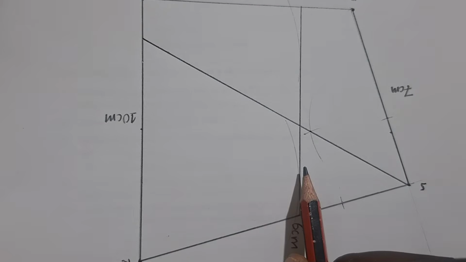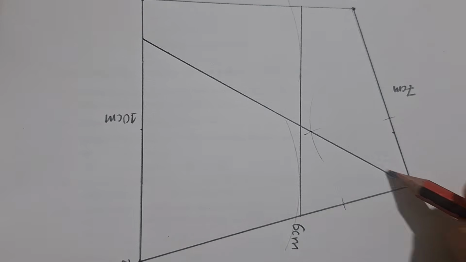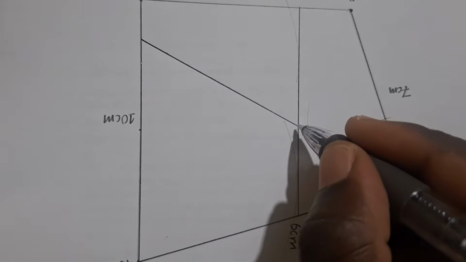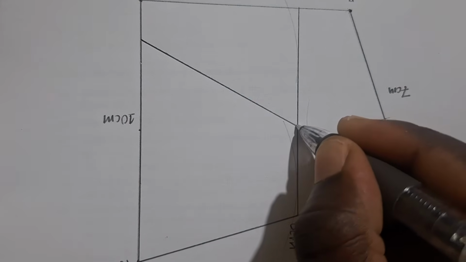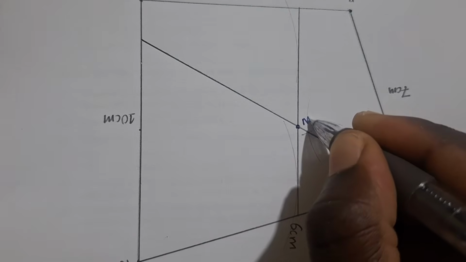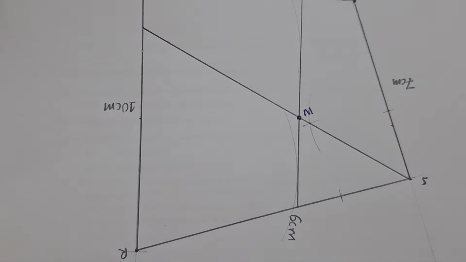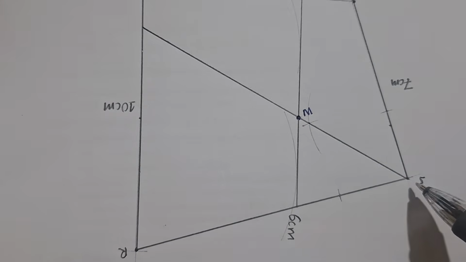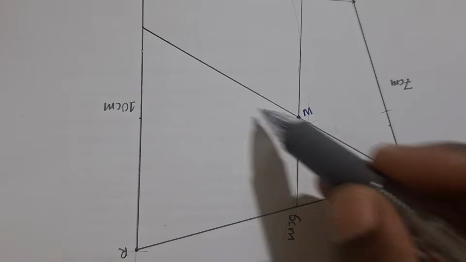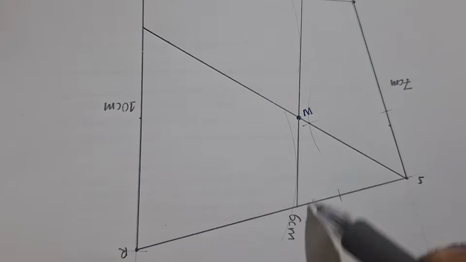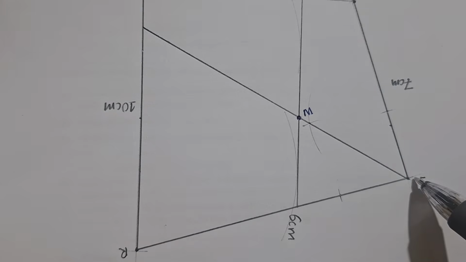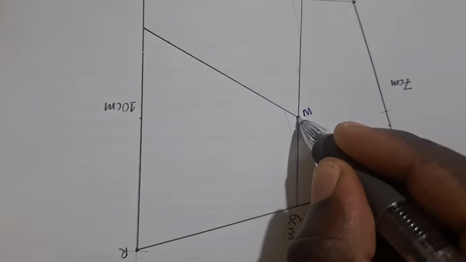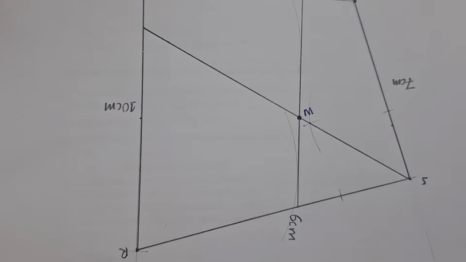From here to here, 6 centimeters, and the equidistant is this. So according to the way the question has been asked, they are just looking for this point, the intersection. So this is where you label your M. It's this one. Because they have said 6 centimeters from here, we know it's this line, and they have said equidistant, and the equidistant is here. Now to show where this 6 centimeters and the equidistant are, you just go to the intersecting point, which is this one, and your M, you write it here.